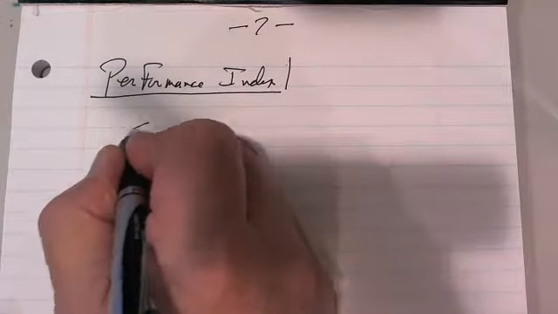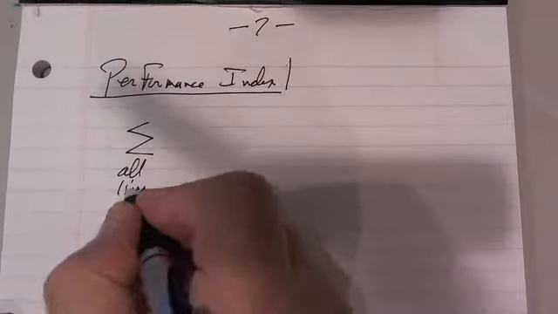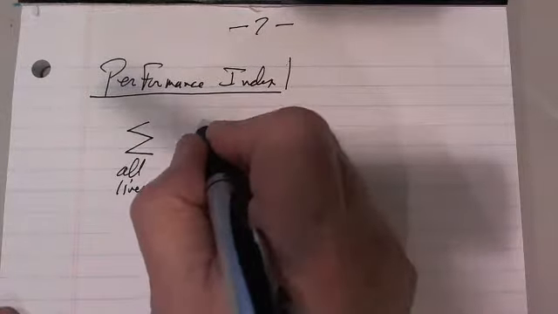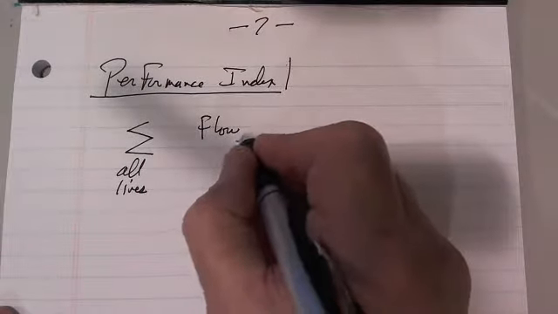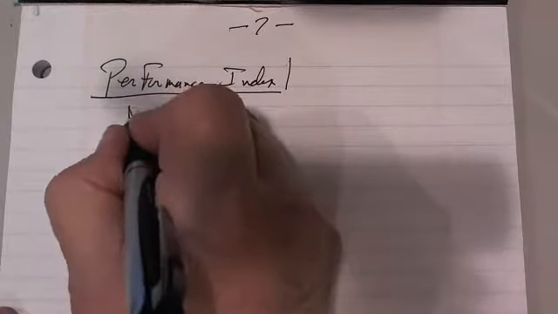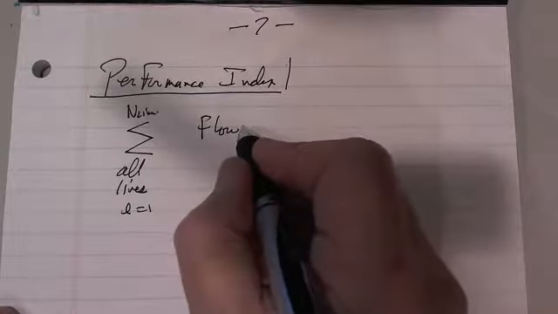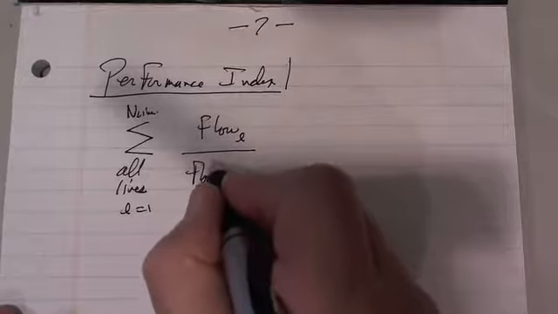We said, okay, for all lines, meaning all lines that are operating, we're going to take the flow on line L, for all lines L equal 1 to the number of lines. The flow L divided by flow L max.